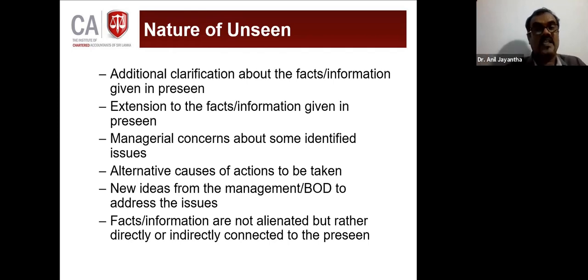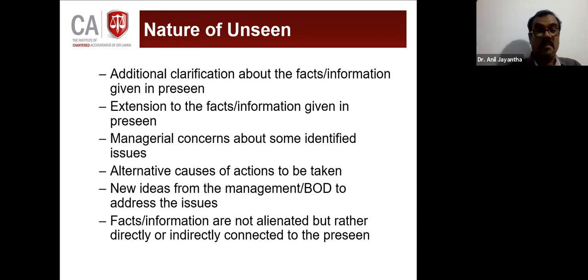To a great extent, a professional institution like CA Sri Lanka takes all the measures and follows the protocols of examinations to make sure that the information in the unseen and other examination papers are prepared in such a manner as to comply with these benchmarks. Therefore, don't worry about errors.